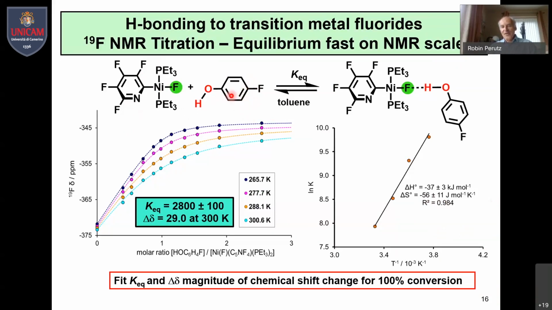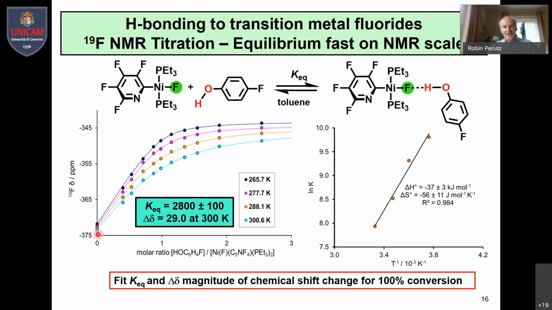So that forms a complex, hydrogen bonded complex, and that's at rapid equilibrium. So what we do is that we titrate the 4-fluorophenol with the nickel fluoride and see what happens to the chemical shift.